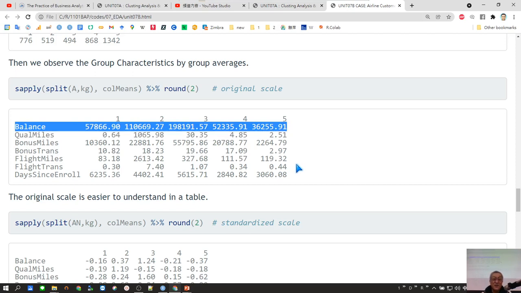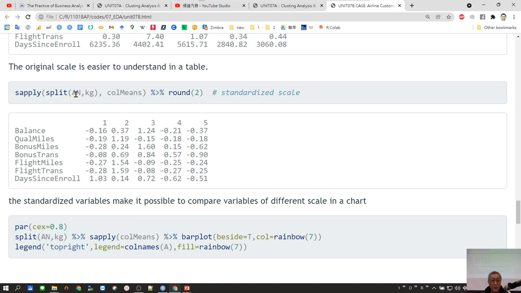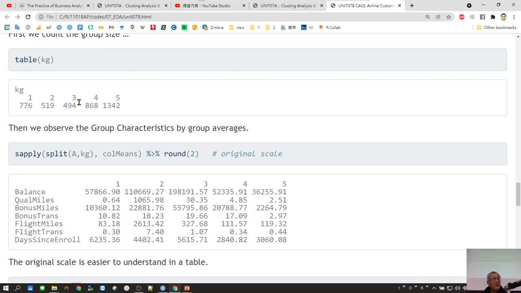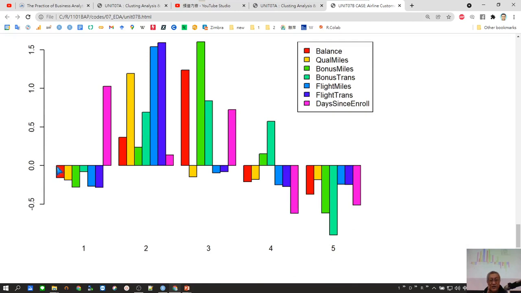So if I use the normalized data instead of the original scale, because it's normalized, 0 is actually the population average, and whatever is going up means it is above average.